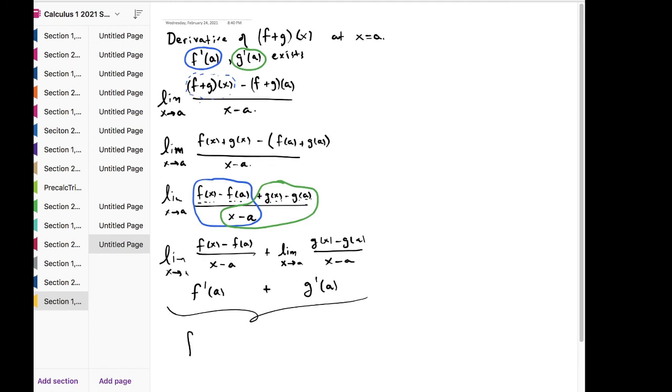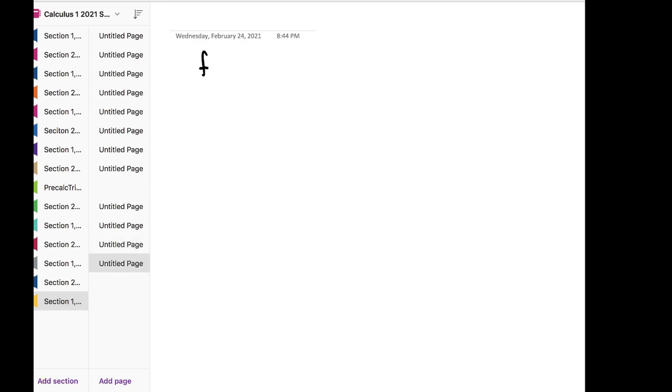What is the derivative of f plus g? (f plus g) prime of a is equal to f prime of a plus g prime of a. This is great. That means that for the function that we had before, we can do what we might expect to do, which is to take the derivative of each.